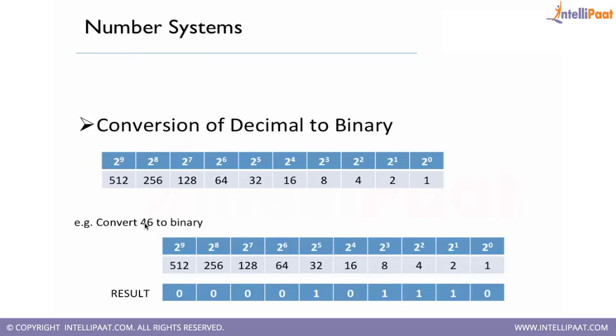So 46 divided by 2 is 23, and the modulus is 0, so we have 0 here, and 23 is our result.